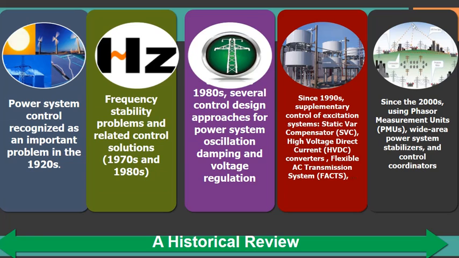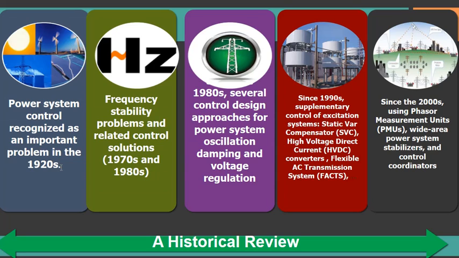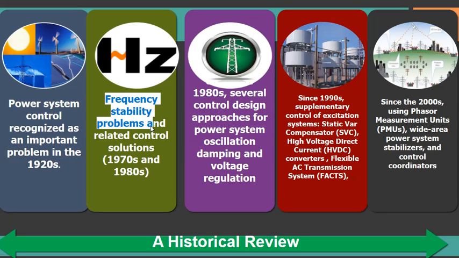So, when we come to the historical overview of power system stability, what are the equipment and how they have been controlled. Power system control was recognized as an important problem in the 1920s. The literature survey says that control of power systems was recognized as very important in 1920. Fifty years later, in the 1970s and 1980s, as our power system grew larger and more complex, the matter of frequency stability problems came up.